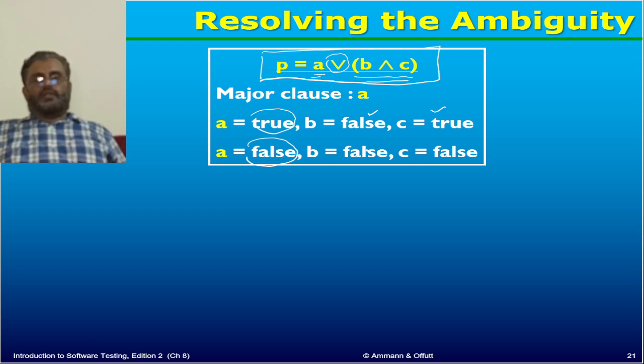And we can also set false and false, which means again the right hand operand is false, which is the requirement to make A the active clause or the major clause. But you can see here, if A is the active clause, then clause B and clause C are the minor clauses.